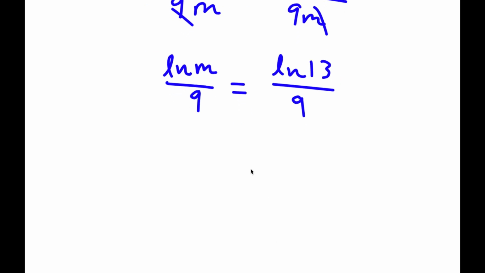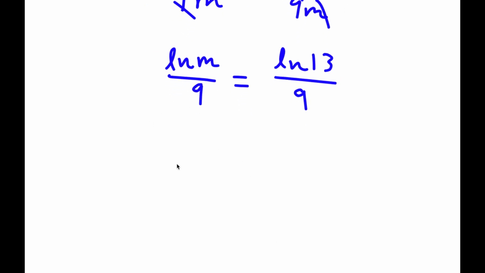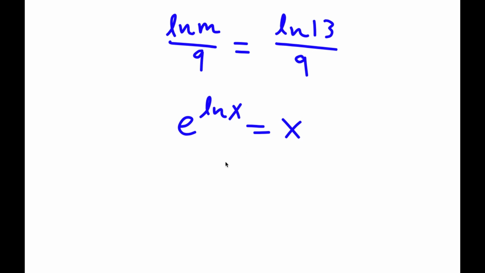Now, I'm going to take something in the form e to the power of ln x. This is equal to x. So now I'm going to change this to, sorry, this is actually not 9, this is m. This is supposed to be m.